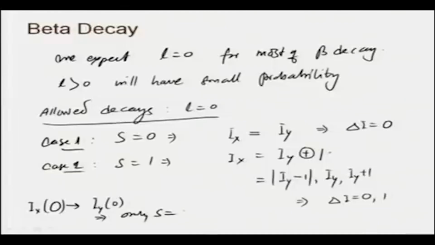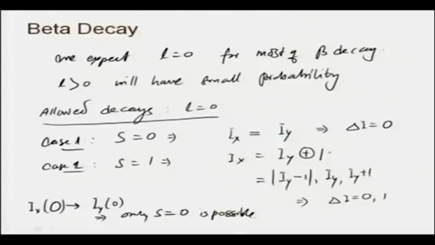Only S equal to 0 is possible. For all other delta I equal to 0 cases, it is possible to have either an S equal to 1 transition or an S equal to 0 transition.